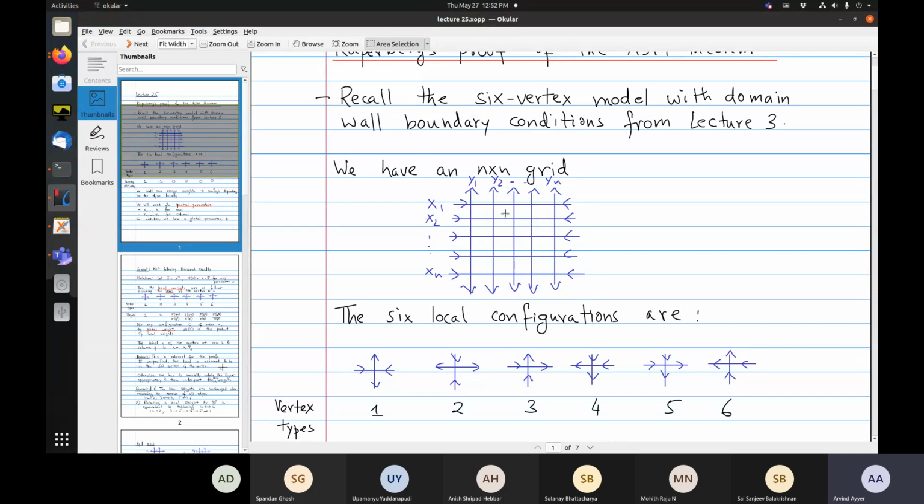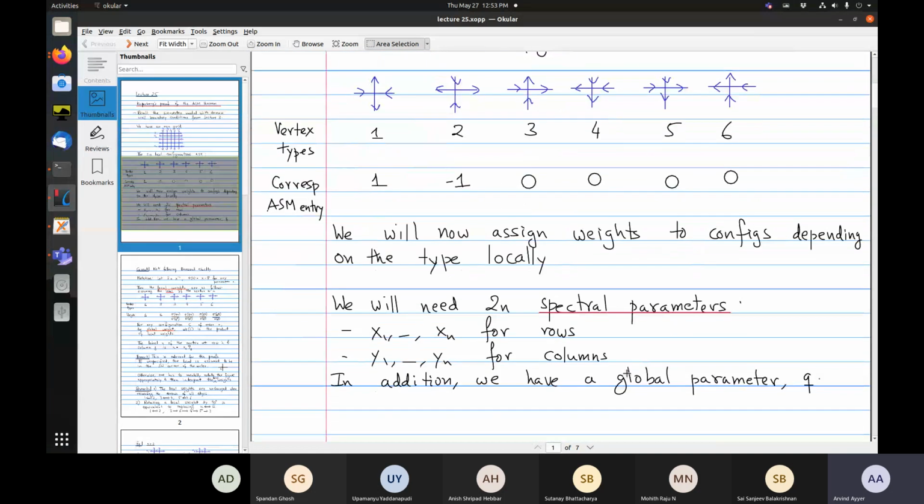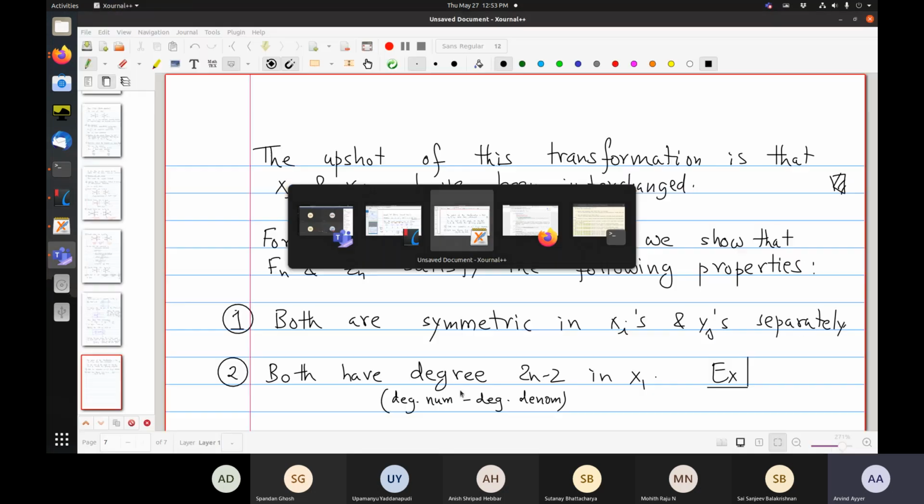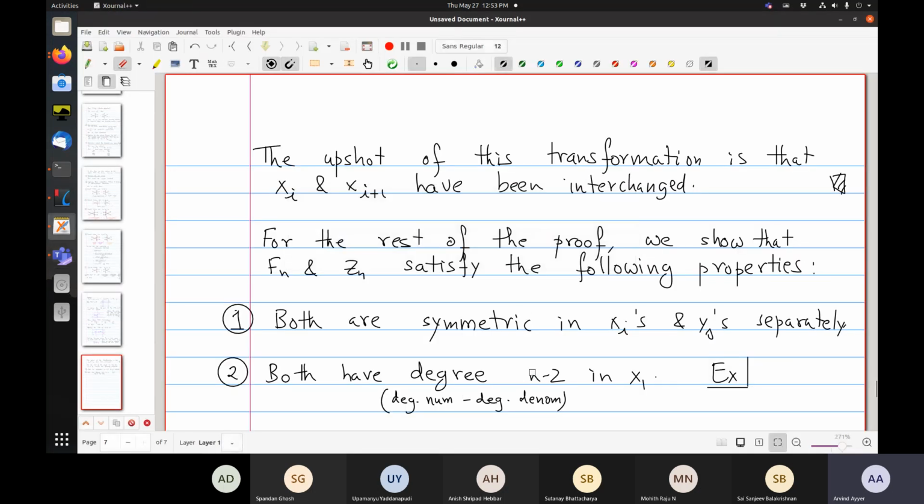Each one of them will give a weight which is of degree 1 in x1, and that's just a quick check. Okay, so no, sorry, of degree 2. No, what am I saying? Sorry, of degree 1 in x1. Sorry, there's a slide there. So this will be degree n minus 1.